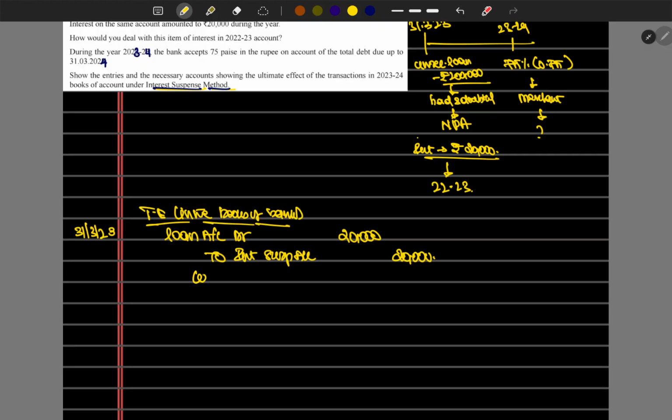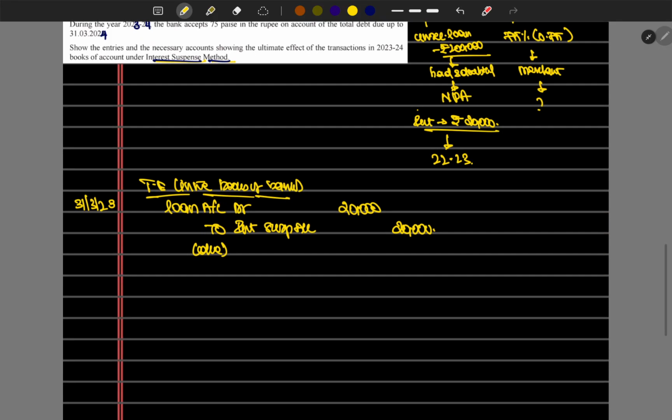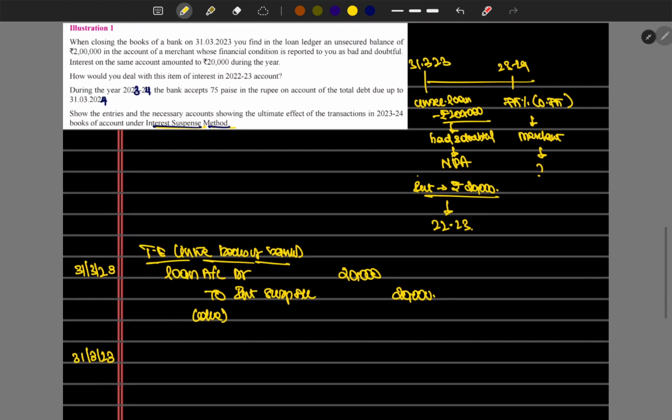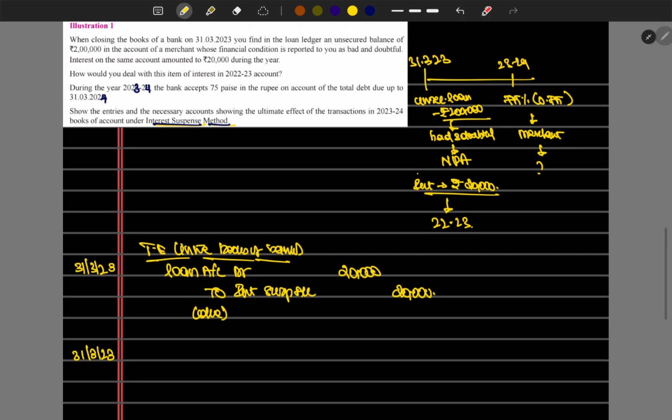Due entry. And we haven't received any money in that particular year.